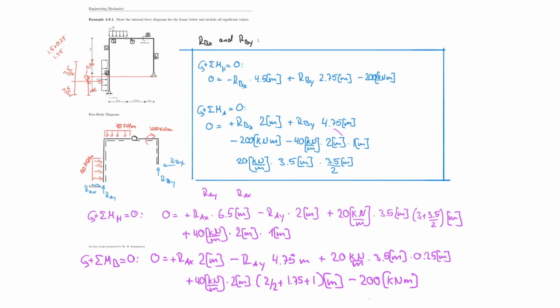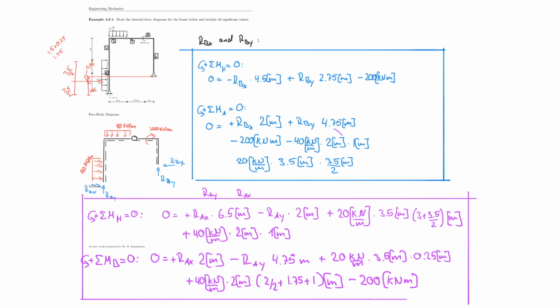Or we're going to use these two equations here in which we actually solved for Ray and Rax. And as you can see, those equations are a little bit more complicated, but it's not magical or anything more difficult to solve.